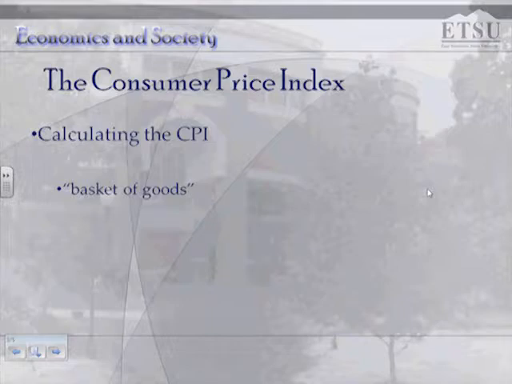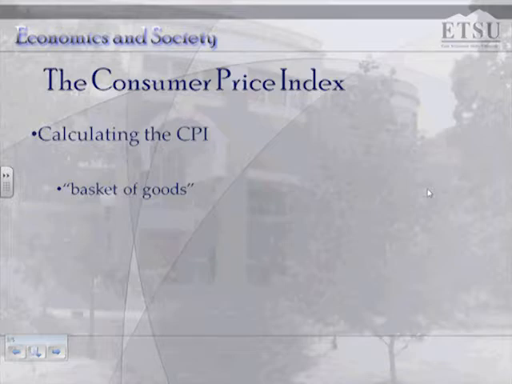And we calculate the inflation rate by the percentage change in the bottom line of the prices of all those goods. So we look at, here's the price in 2011 for that representative basket of goods. Here's the price in 2012 for that representative basket of goods. And the inflation rate is calculated as the percentage change in that bottom line price of the representative basket of goods.